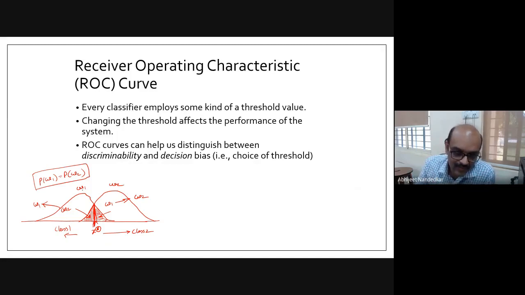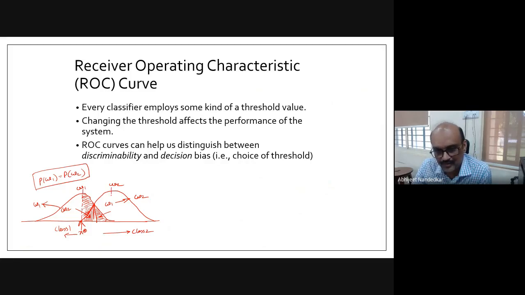Now if I have set my threshold here, what will happen? Instead of here, suppose I put it here. Major portion of your omega 1 will be classified as omega 2.